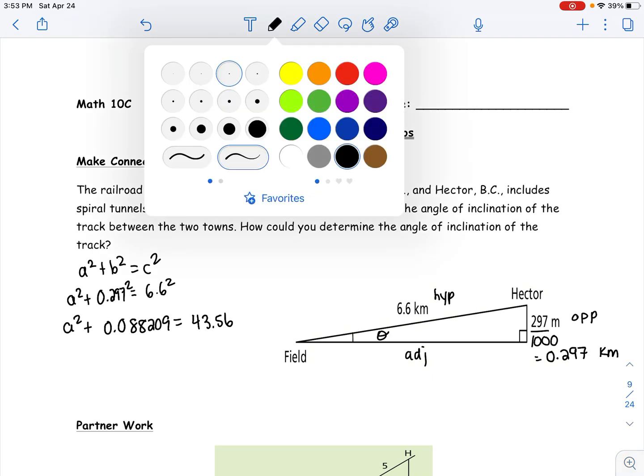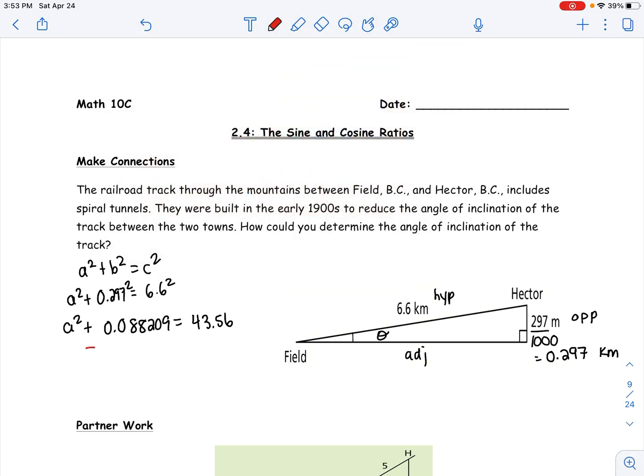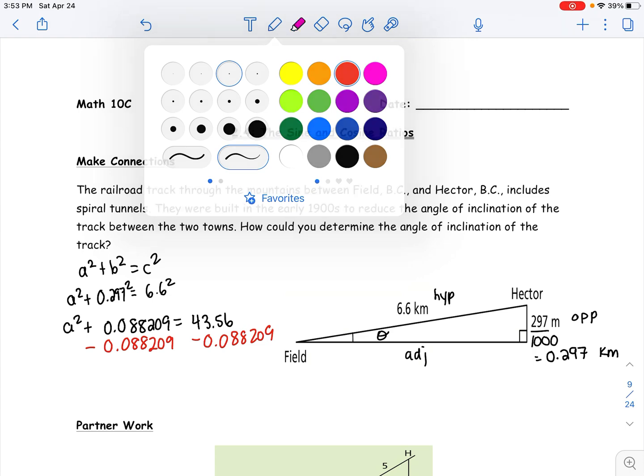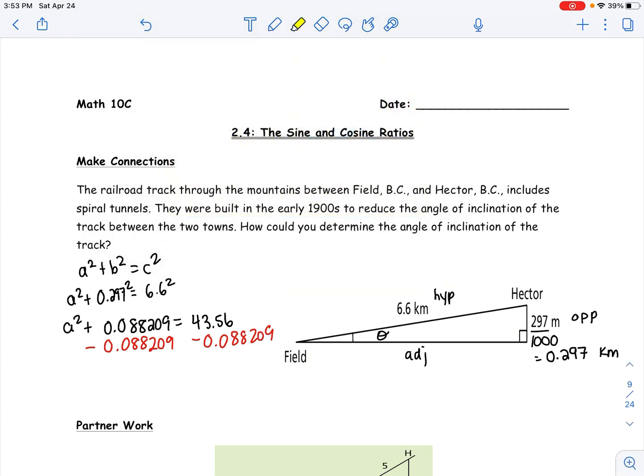In order to get a squared by itself, you have to do the opposite of that positive 0.088209, which is subtracting. So you have to subtract both sides by this really small number. And that's the only way that you're going to get the a squared by itself, right?